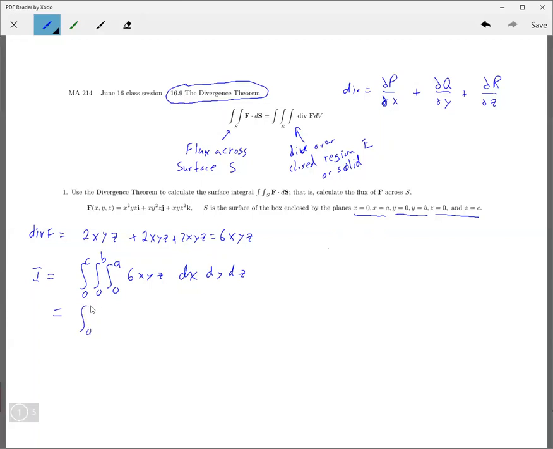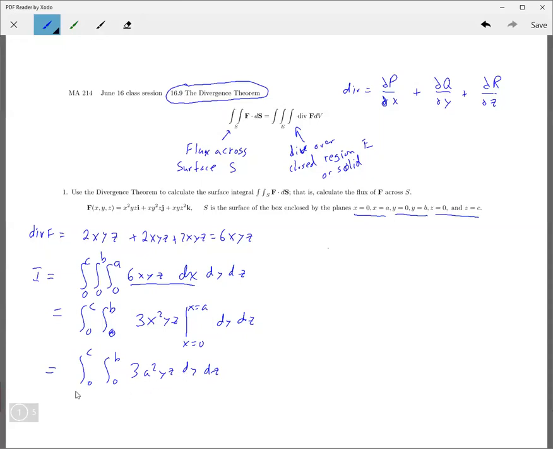Okay, so integrate in x, and we get 3x squared yz. That's from x equals 0 to x equals A. Okay, so put an A in there, you get 3a squared yz.